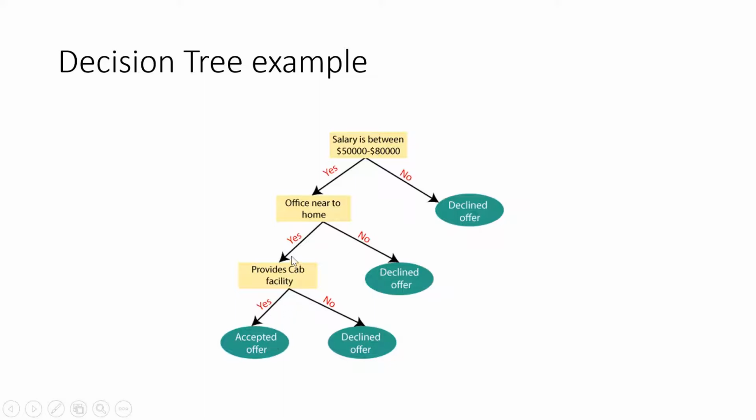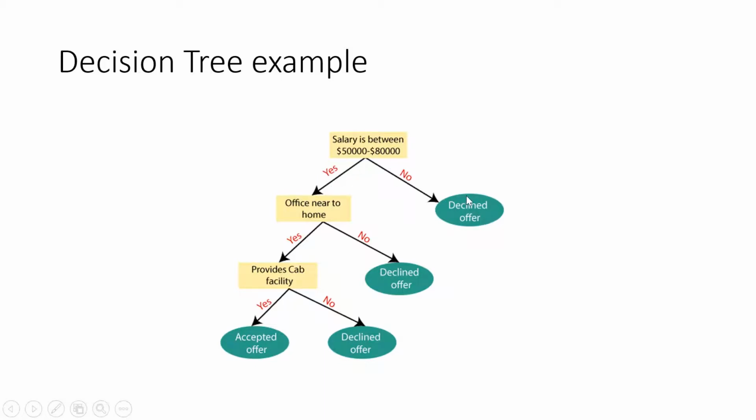Likewise, in a decision tree there will be multiple nodes. As you can see, the last two are categorical data, and the first one is numerical data. If the salary is within this value, then we go to the left branch, otherwise the right branch.